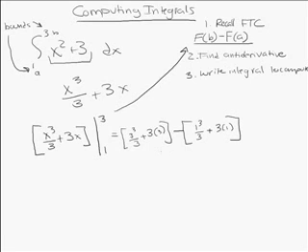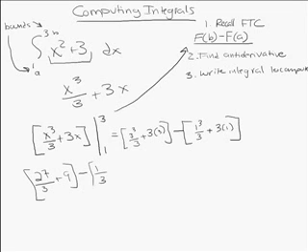We'll multiply all this out, so we get 27 over 3 plus 9 minus 1/3 plus 3. Don't forget to keep the boxes for now.